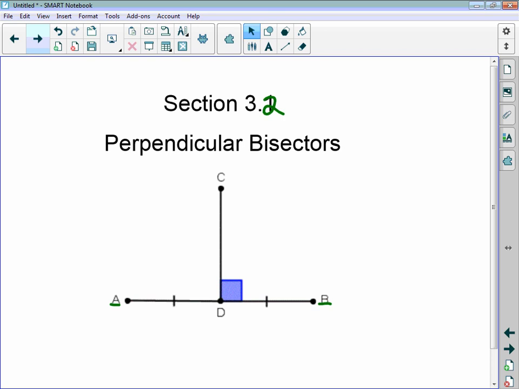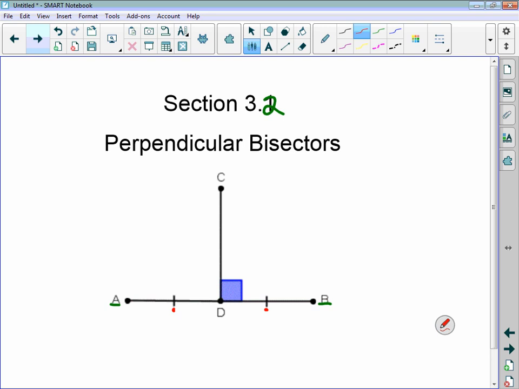But this line is somewhat special because it exactly cuts line AB in half. That is why we have these little dashes in line AB, and that tells us that line segment AD is the same distance as line segment DB.